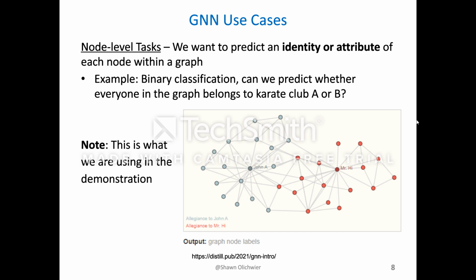Do they go to dojo A or dojo B, John A or Mr. High? Whose dojo do they belong to? And this is actually the example that we're going to be using. We have all of our nodes, in this case papers, and instead of a binary classification, we actually have 40 classes that we'll be looking at.